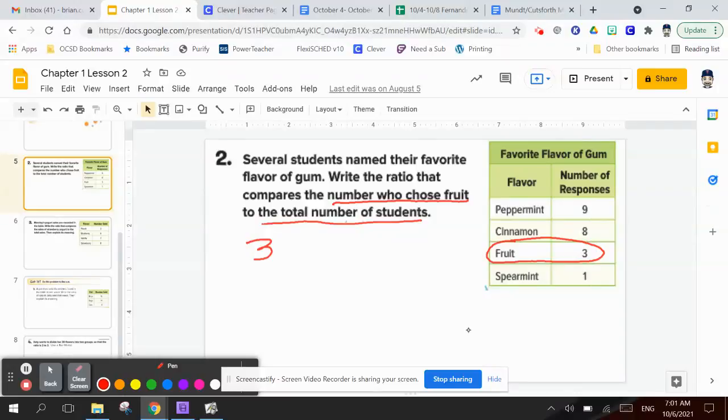Well, how do I find the total number of students? Well, here's the number of responses. So I do believe I would have to add all of these numbers together. So 9 and 8 is 17, plus 3 is 20, plus 1 is 21 students.